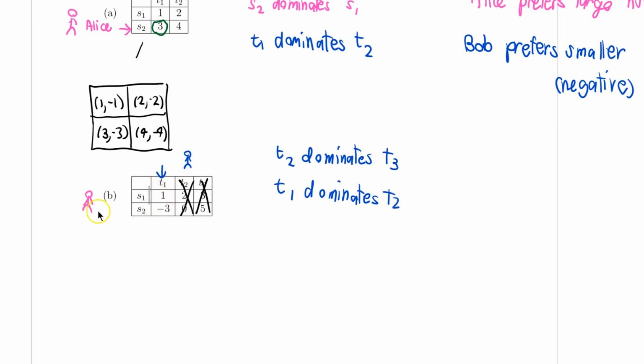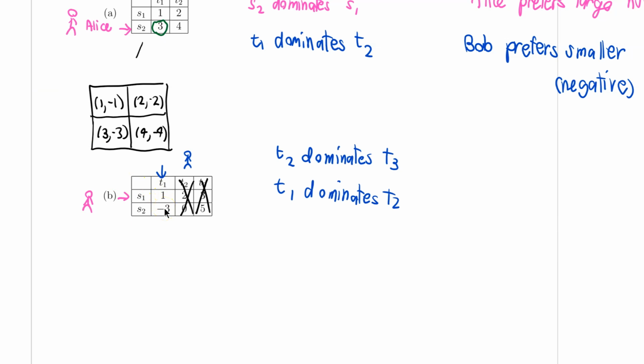Now then, because Alice is smart and she knows that Bob is also smart, she can reason that, well, I know that Bob is smart, so he's not going to pick T2 or T3, he's going to pick T1. So Alice can reason that if Bob picks T1, then it is the better option for her to pick S1, because getting $1 is obviously better than paying $3.